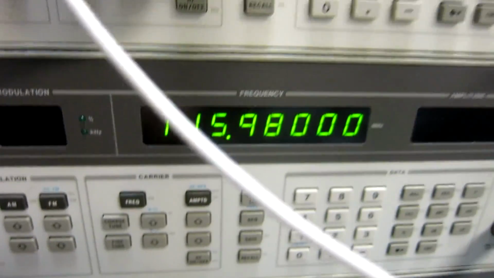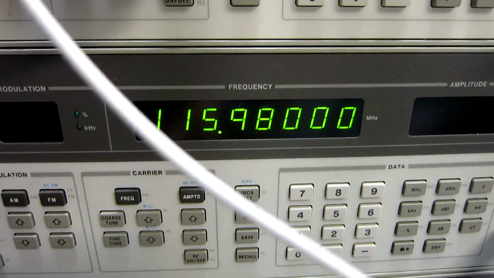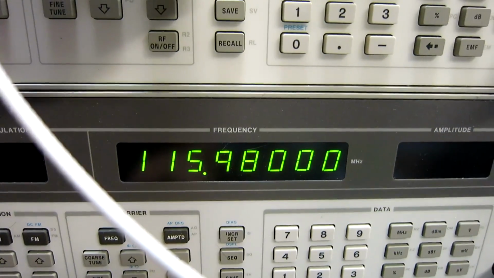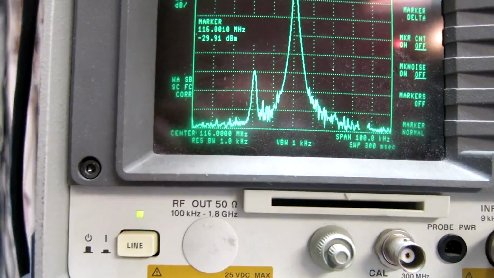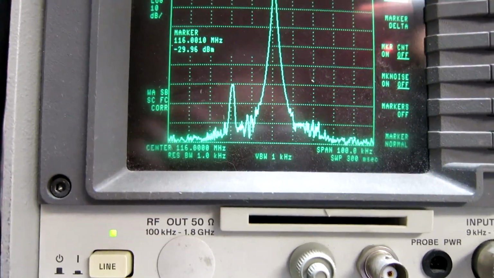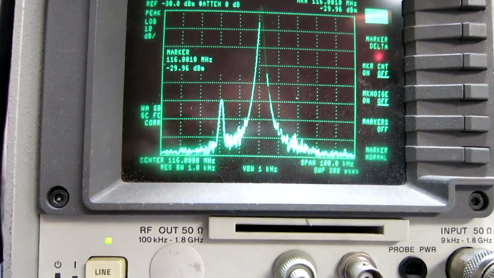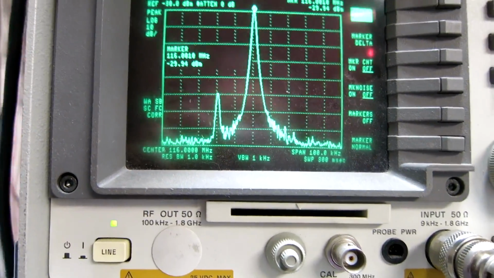I have this signal generator now 20 kHz below the crystal oscillator in the Anglian transverter. I switch it on and set the level to be 50 decibels below the crystal oscillator.